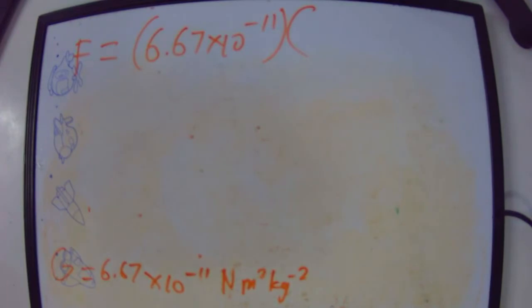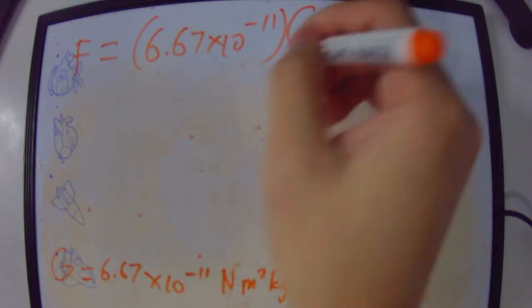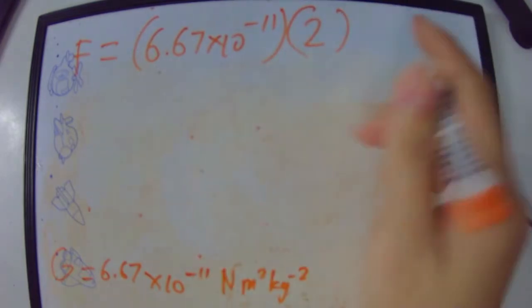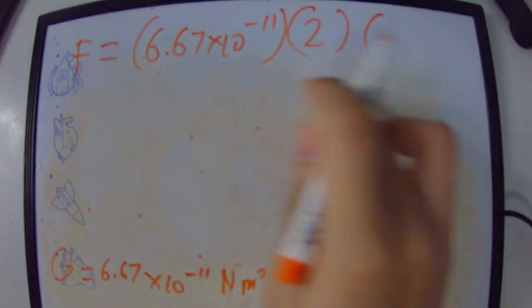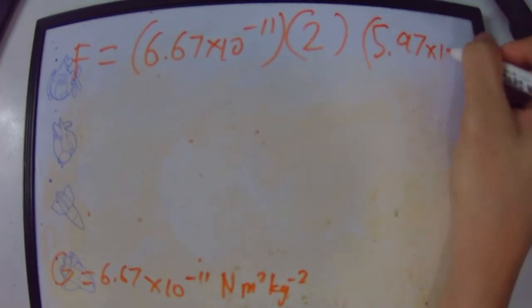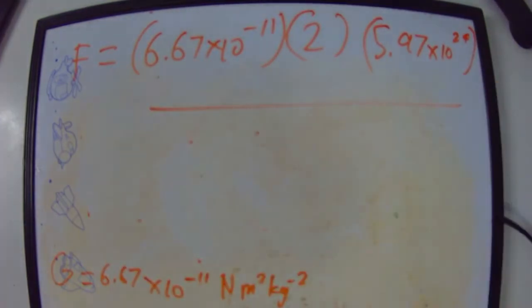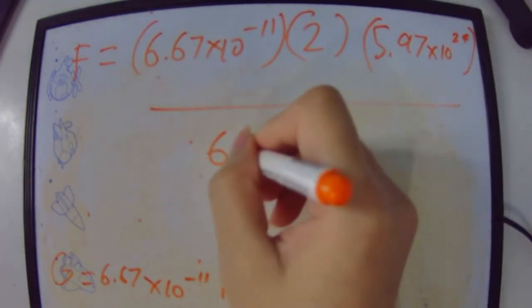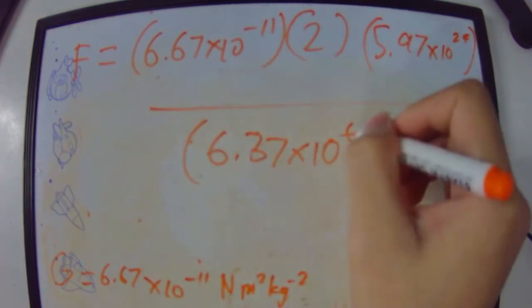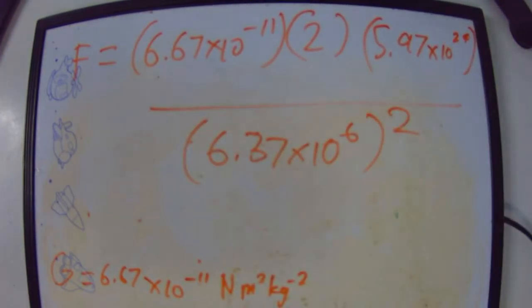And go ahead and take out your calculators now to help me with this. Then times mass 1, which is 2, times mass 2, which is 5.97 times 10 to the power of 24, over 6.37 times 10 to the power of 6, squared.